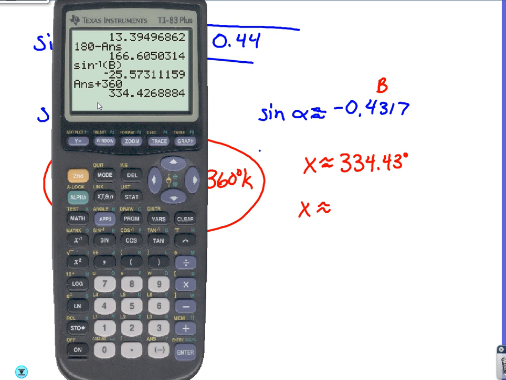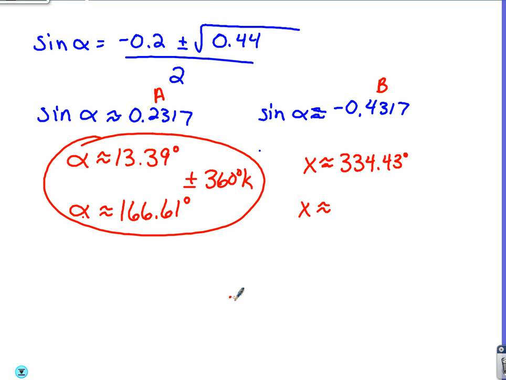Let's do 360 minus my answer. That gives you your reference, 25.57. Now to give you one in the third quadrant, what are you going to tack onto that? Good. Plus 180. That gives you your third quadrant angle, 205.57, and both of those are plus and minus 360k.